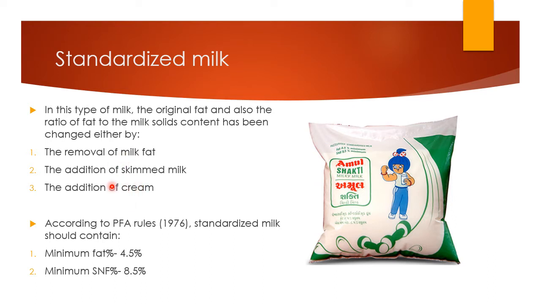The ratio of fat to the milk is standardized. It is adjusted to these standards. Any of these methods can be used. According to PFA rules, the standardized milk should contain a minimum fat percentage of 4.5%, and a minimum SNF percentage of 8.5%.